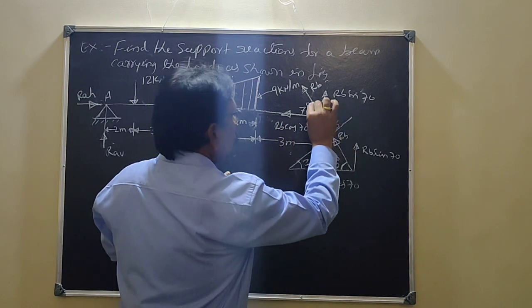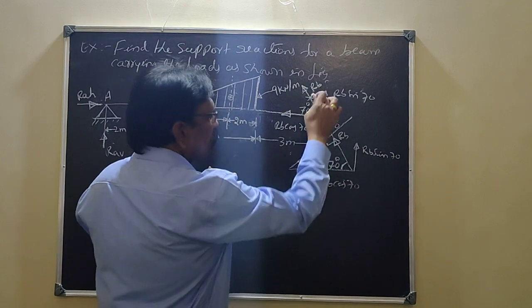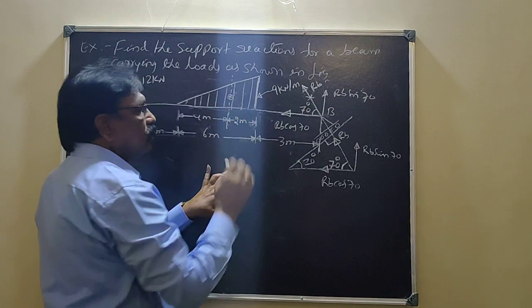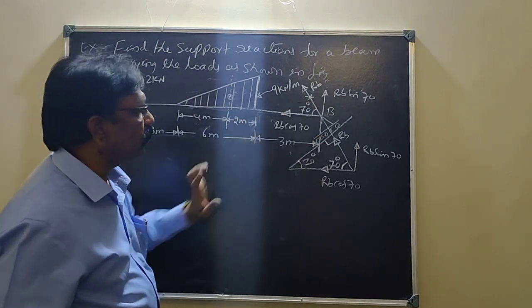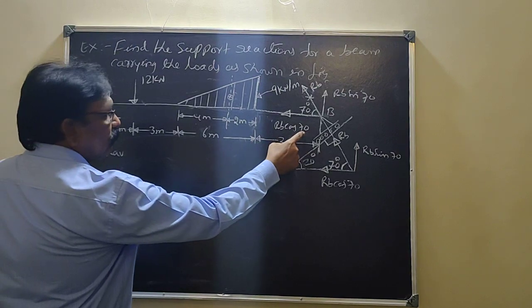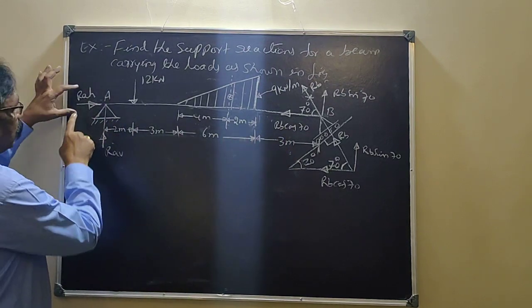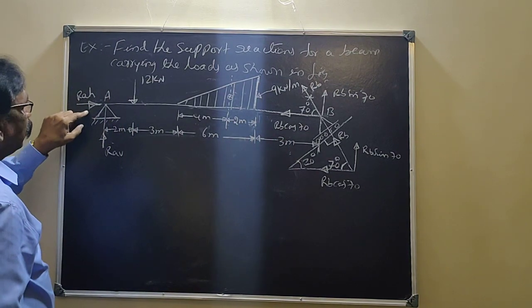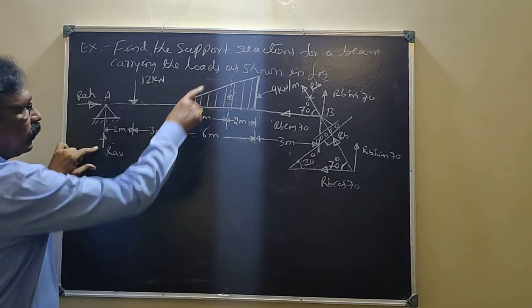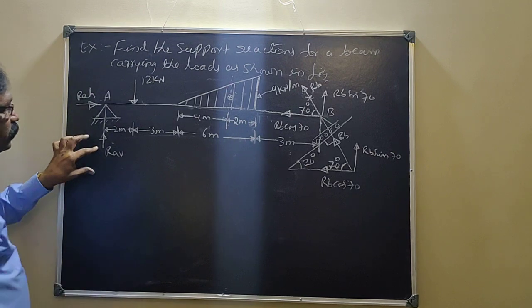It will be convenient to show it here. Now, in order to compensate the horizontal thrust, a horizontal reaction develops at A, so therefore RAH and RAV, since for the vertical loads RAV exists.